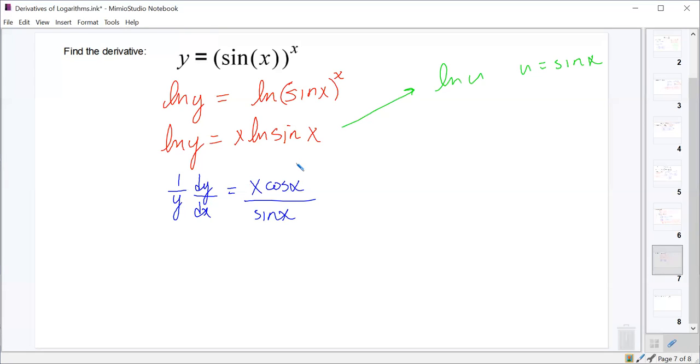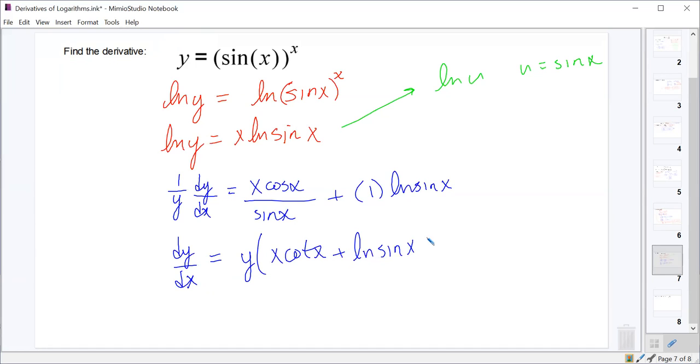Everybody good with the first part of the product rule there? Yeah. All right, and then derivative of x, 1 times natural log sine x. So what do we do with the 1 over y? Just like last time, we'll bring that 1 over y over as a y. So we got y times x cotangent x, if I simplify that, plus natural log sine x.